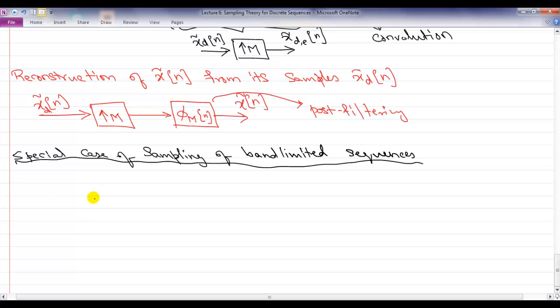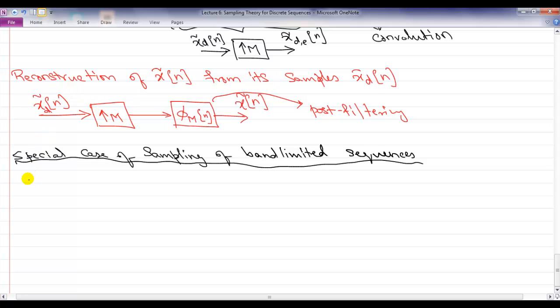And we are going to see what C m looks like in that case, or what sampling and reconstruction, or downsampling and upsampling, expressions look like in that case. So let's first make sure we concretely understand the notion of band-limited sequences, not continuous time signals now.